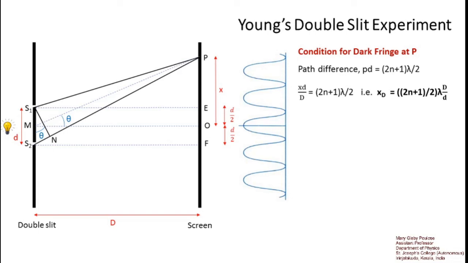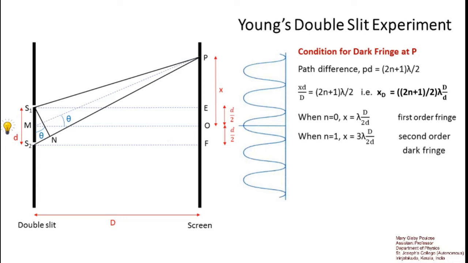Now to find the positions of the dark fringes, we give the values of n as 0, 1, 2, 3, etc. When n is 0, we get x equal to lambda capital D divided by 2d. This is the first order dark fringe. When n is equal to 1, we get x equal to 3 lambda D by 2d.